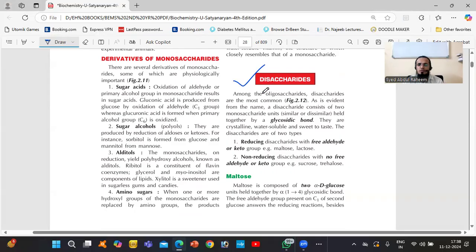In monosaccharides, we have a single sugar unit. Okay. In disaccharides, we have more than one, 2 to 10 carbons are present. Okay. Here, two or more than two. So this is the thing we have to understand.